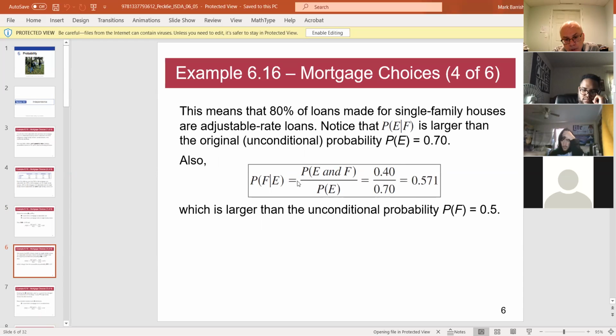In other words, if we had done this conditional calculation and ended up with an answer of 0.5, matching the probability of a single family home, if the information about adjustable rate had not changed the probability, we would say that E and F are independent of one another. Independent meaning that the knowledge of the other event does not change the probability of the event that we're looking at.